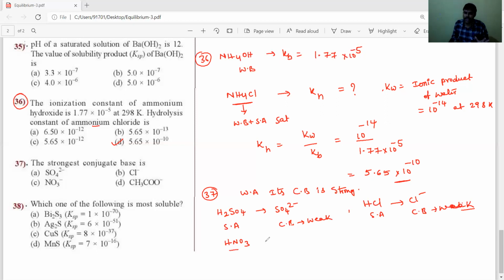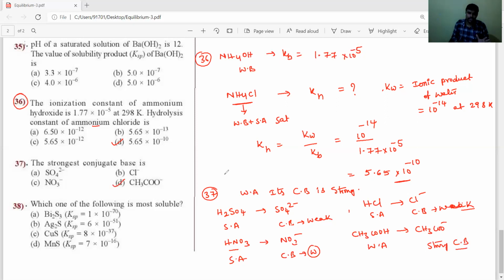So HNO3 is an acid, its corresponding conjugate base is NO3 minus, and it is a strong acid and its conjugate base is weak. And the same way, acetic acid CH3COOH is a weak acid. Its corresponding conjugate base, acetate ion CH3COO minus, is a strong conjugate base. So the answer is D.